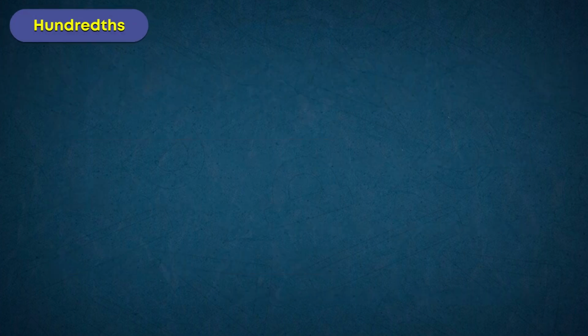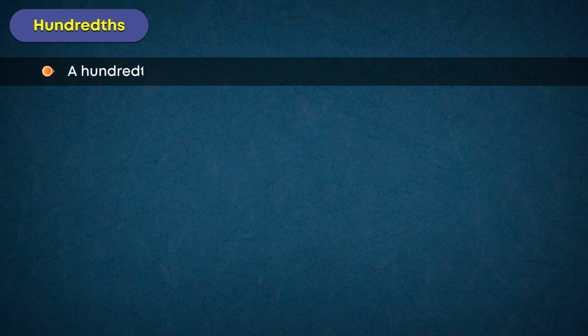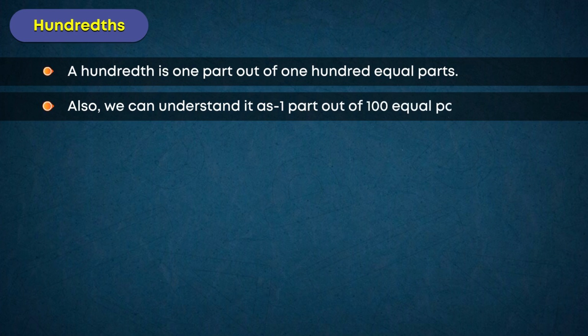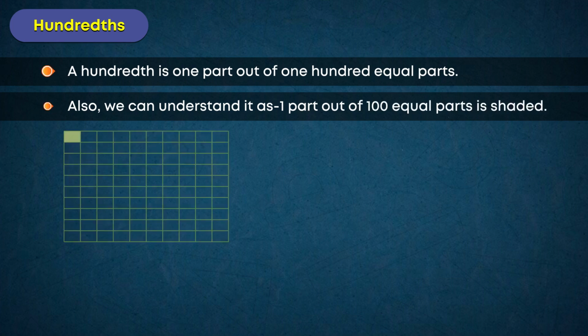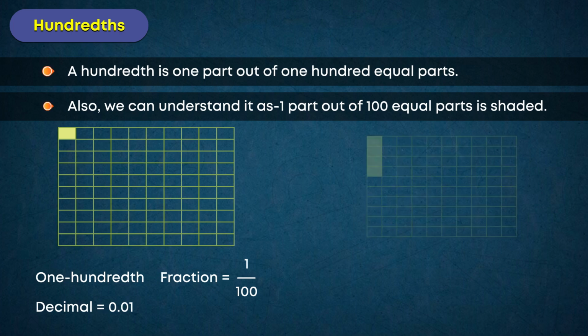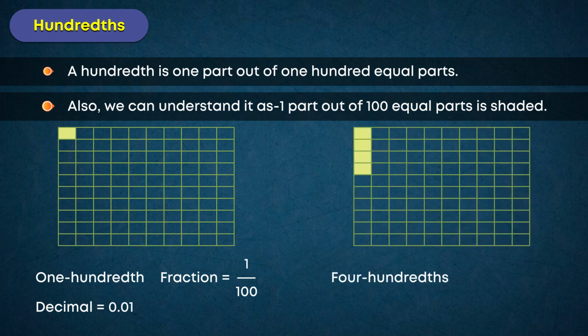Hundredths. A hundredth is one part out of 100 equal parts. Also, we can understand it as one part out of 100 equal parts is shaded. 1/100th fraction is equal to 1 by 100. Decimal is equal to 0.01. 4/100ths fraction is equal to 4 by 100.